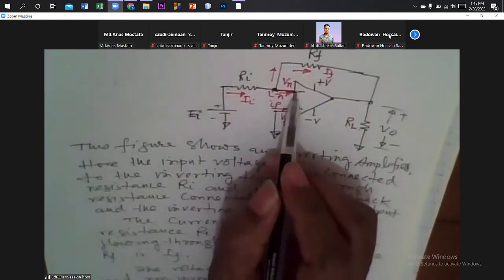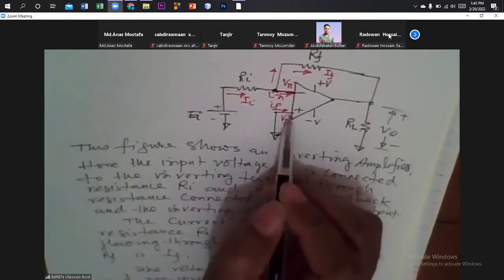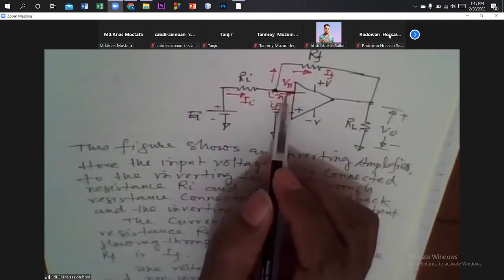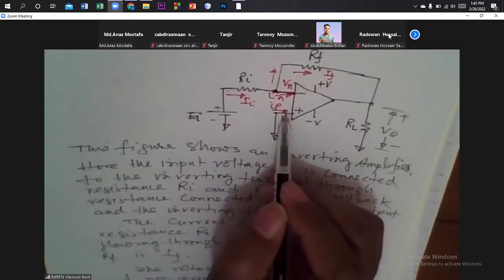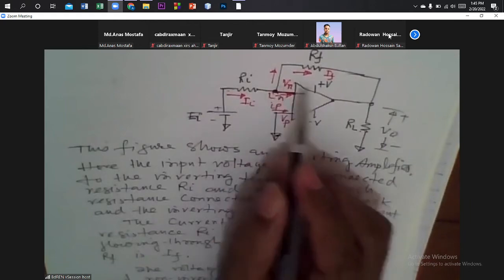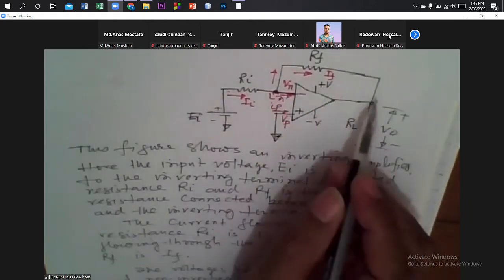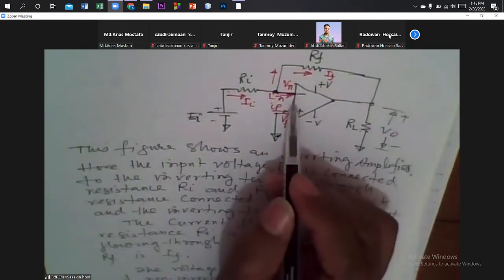Here is an arrow. This is the negative terminal. This is positive. So to remember, we need VN, IN here for the negative terminal. Here the positive terminal, so you use VP and IP. So you can easily remember this. Okay. And there is negative feedback.